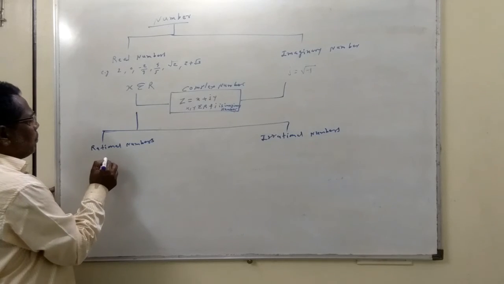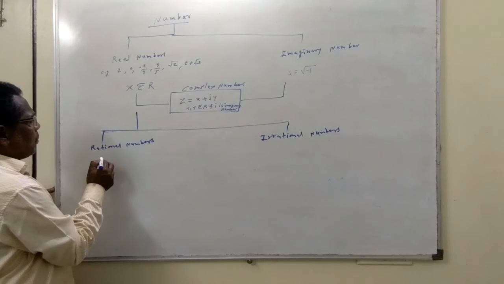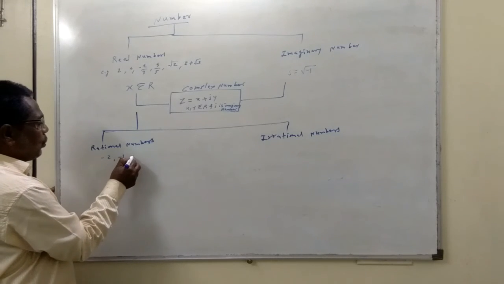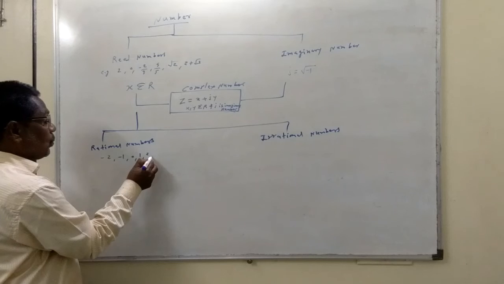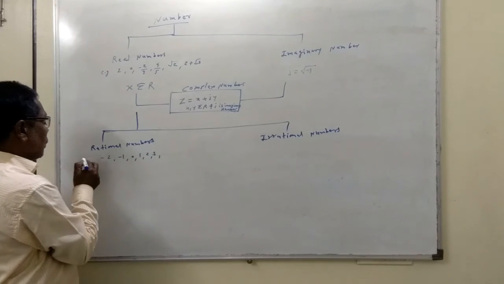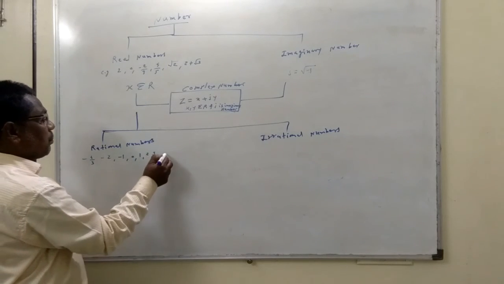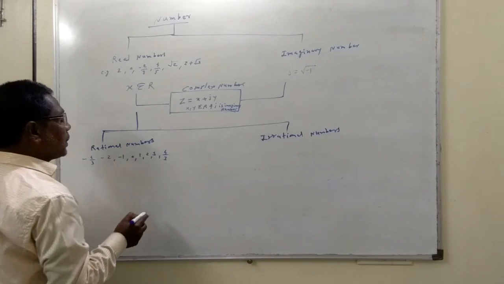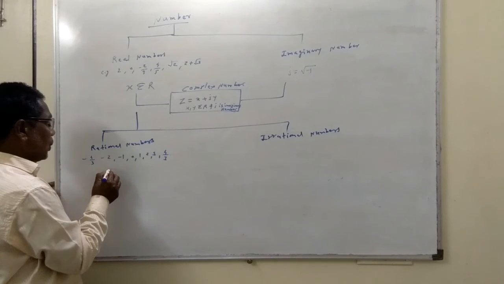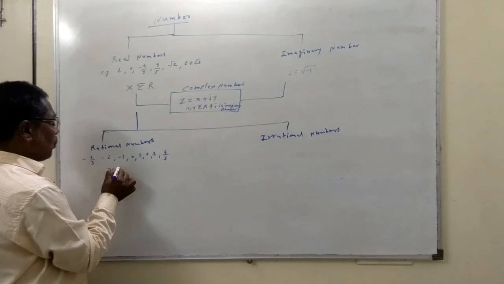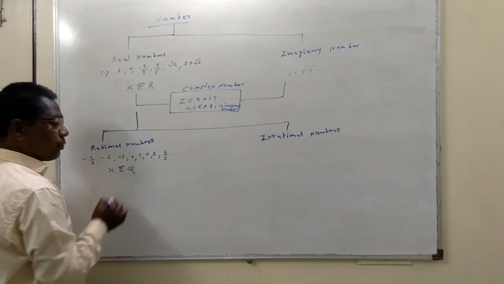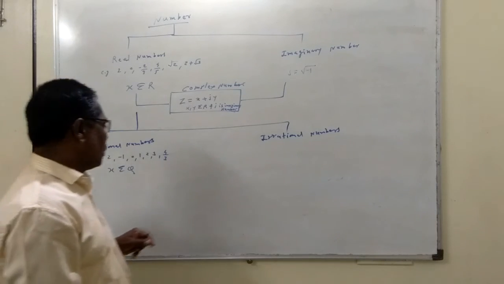Rational numbers means any numbers like minus 2, minus 1, 0, 1, 2, 3, minus 4 upon 3, plus 4 upon 3. These types of numbers are rational numbers. If x is a rational number, x belongs to Q. Q is the set of all rational numbers.